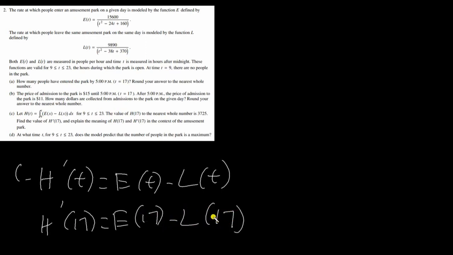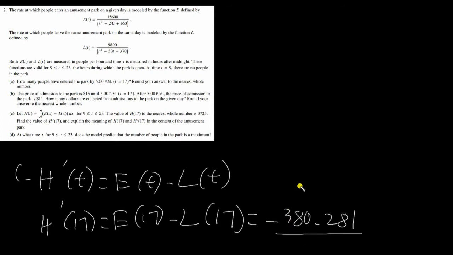And since we want to find h prime of 17, that's e of 17 minus L of 17. If you put 17 into both of these functions, you'll get negative 380.281. Okay, so that's the value of h prime of 17.